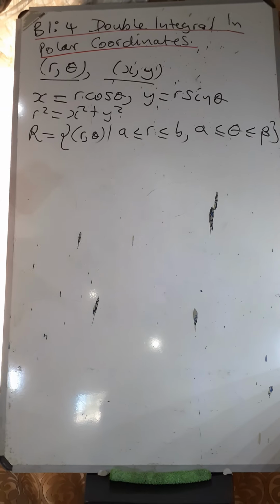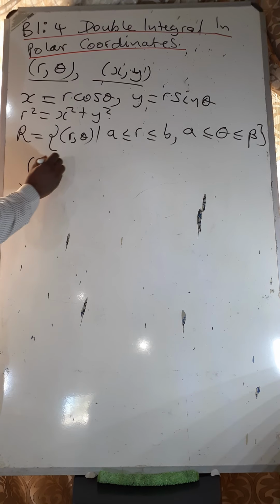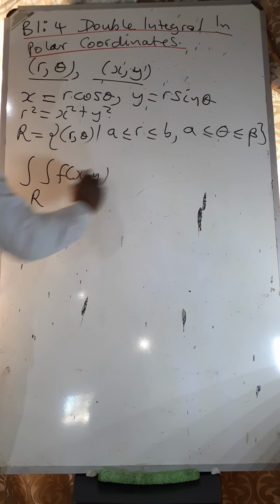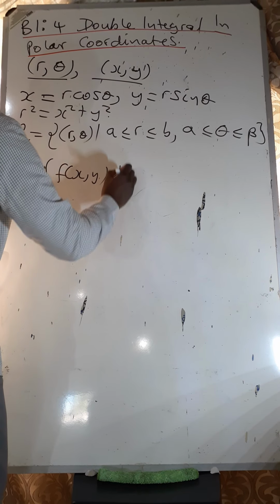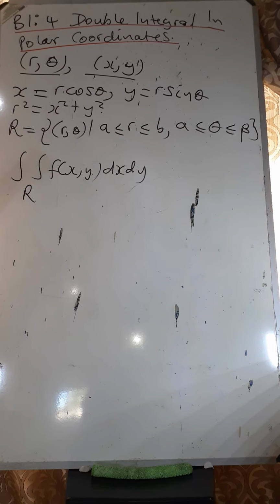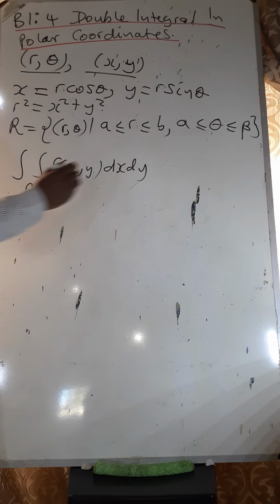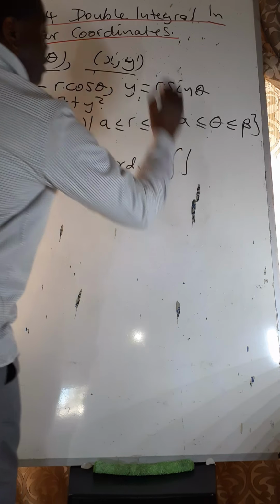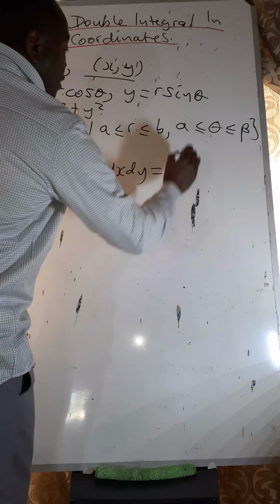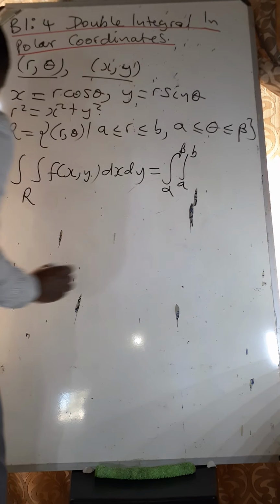So the idea now is to move from the double integral of f(x, y) dx dy, like we said, it can be dx dy or dy dx, into the polar now, which will be alpha, beta, then a, b.